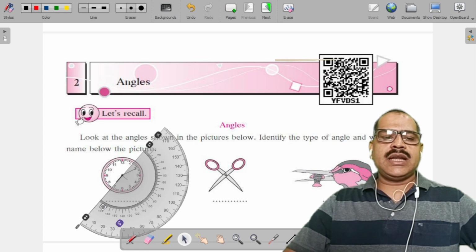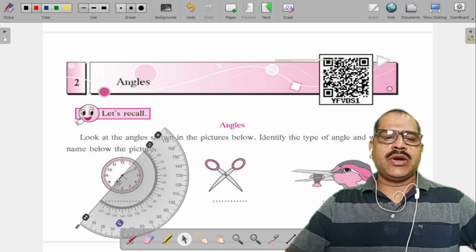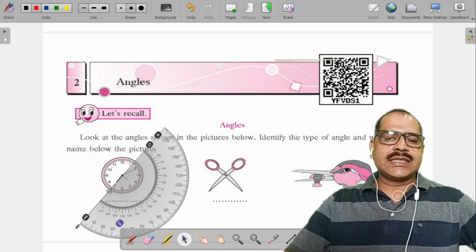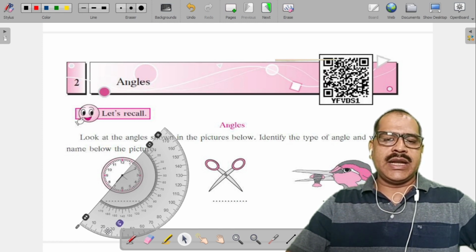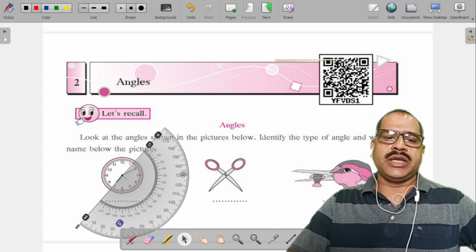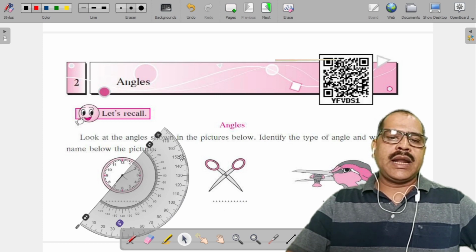And now I measure this angle from this side because our angle's side is coming toward this side. That's why I measure from this scale. 10, 20, 30, 40, 50, 60, 70, 80, 90, 100, 110, 120, 130, 140, 150.